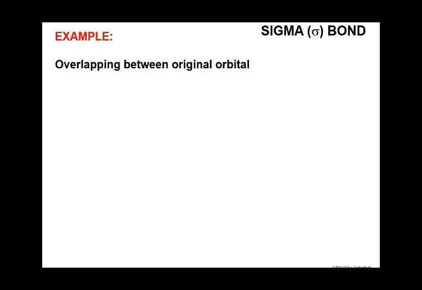Examples of overlapping between original orbitals. Let's say we have s orbital, 2s orbital, and it shows end-to-end overlap representing a sigma bond.